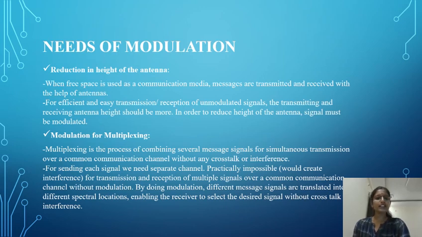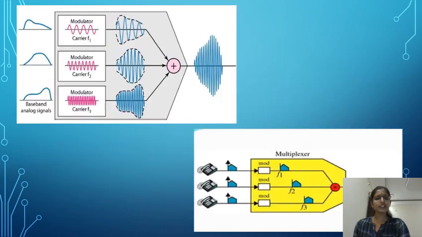The next one. So here first we are going to see how to reduce the height of the antenna. Like we have baseband analog signals and modulators, three modulators, carrier 1, carrier 2 and carrier 3. And here the antenna size is reduced. Height of the antenna is reduced. And here the modulation process or technique is used.